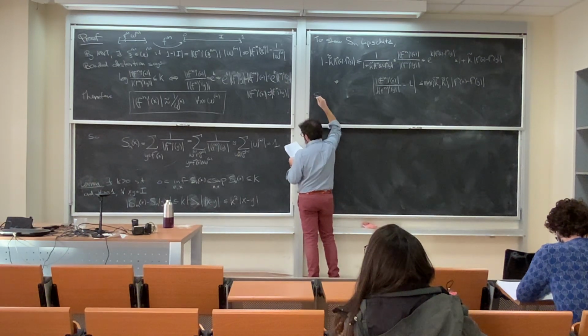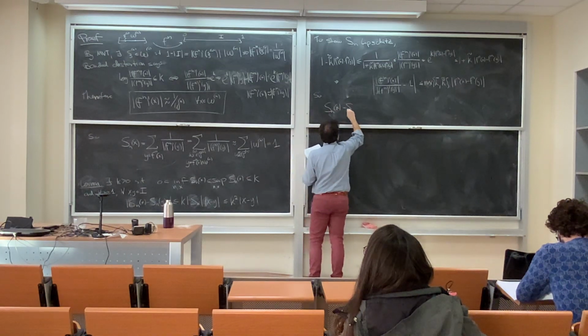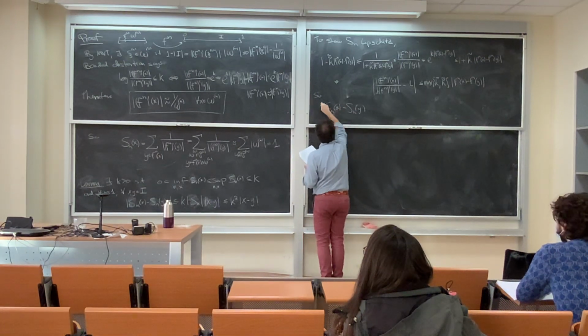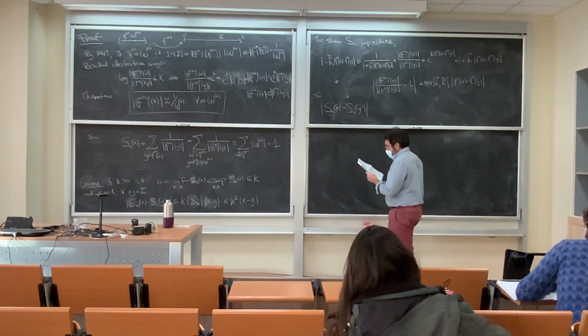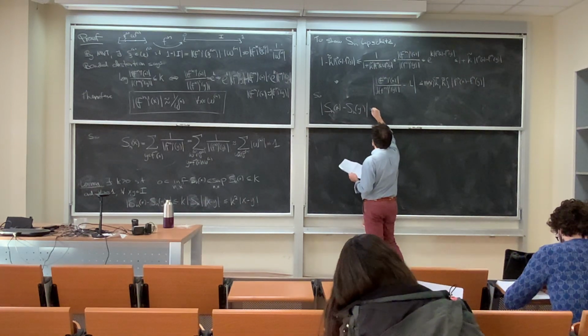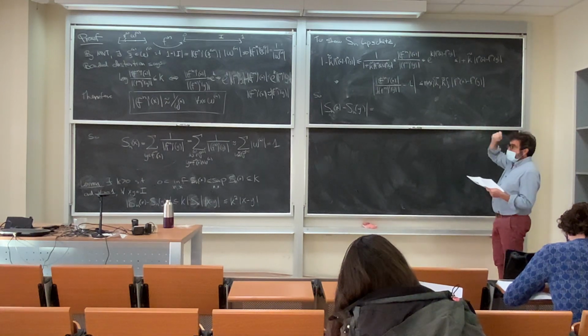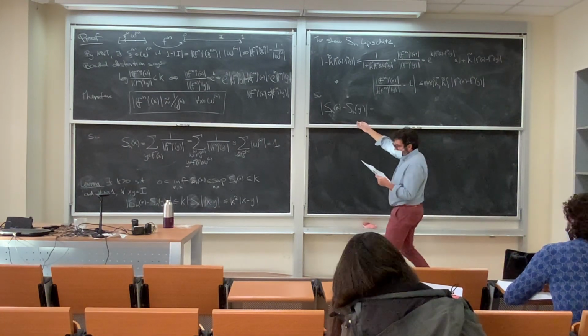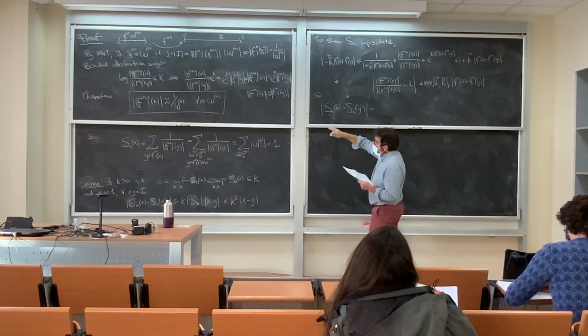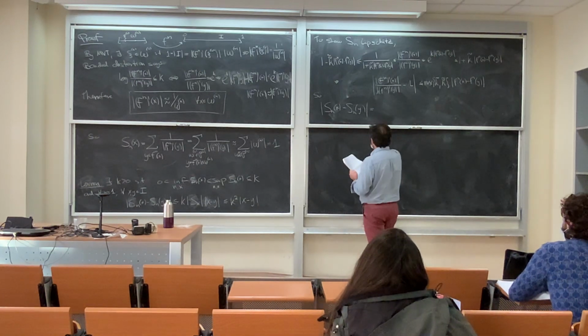Okay, so Sn of x minus Sn of y equals, so now we're just going to plug into this expression. We want to show this is Lipschitz continuous, right? So we just use the definitions of this.